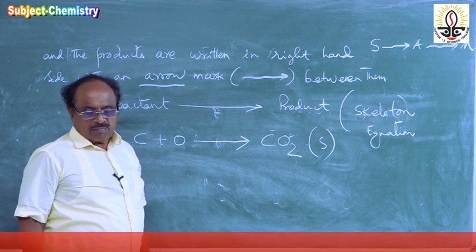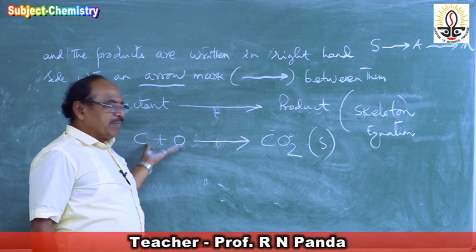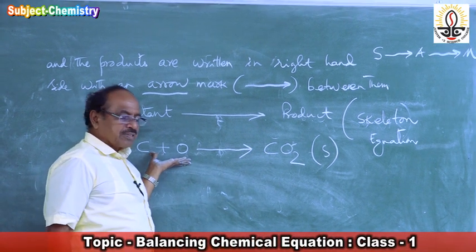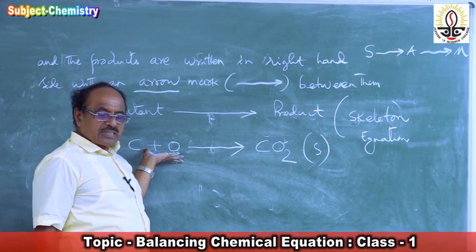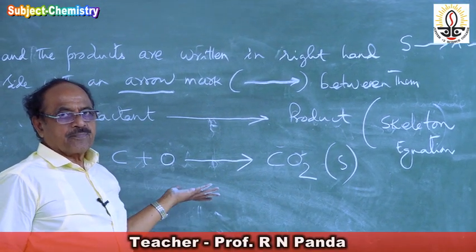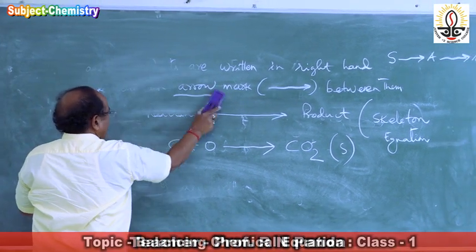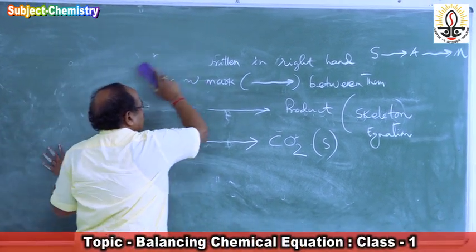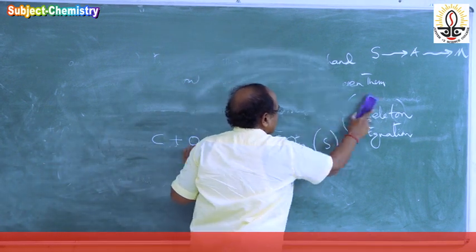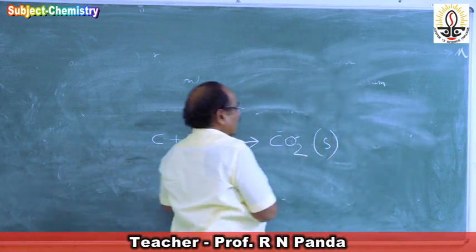So the number of atoms of reactant are always equal to the number of atoms of the product. Hence, in the third step, we have to make the number of atoms of reactant equal to the number of atoms of product.